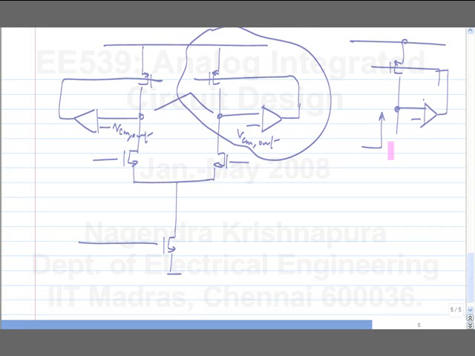If you have V here, what will be the voltage here? A times V at the output. So what is the current drawn here? A times GM times V. So the impedance is 1 over AGM. So if you use a very good op-amp, the impedance is 0.